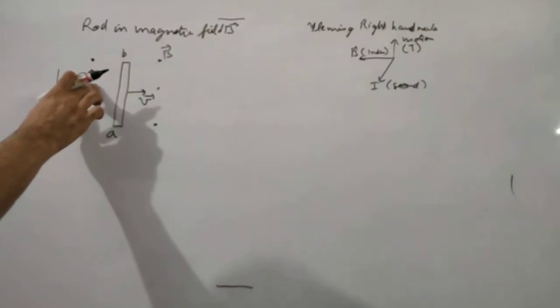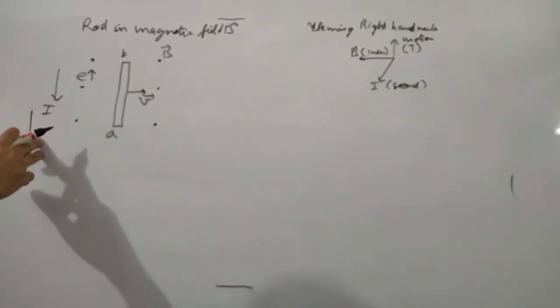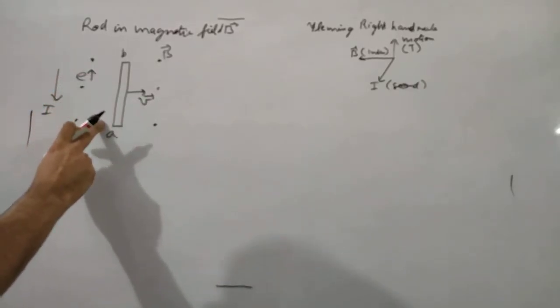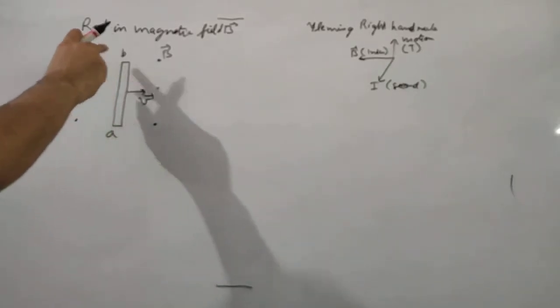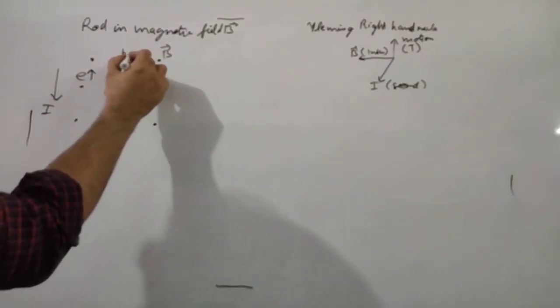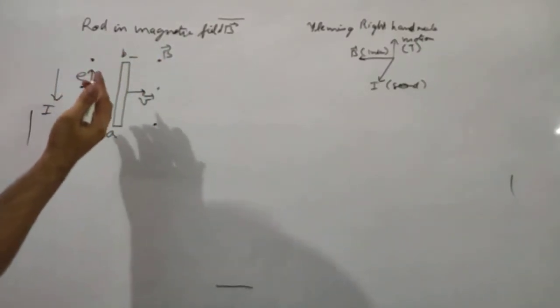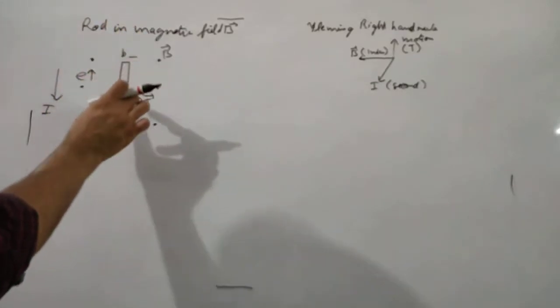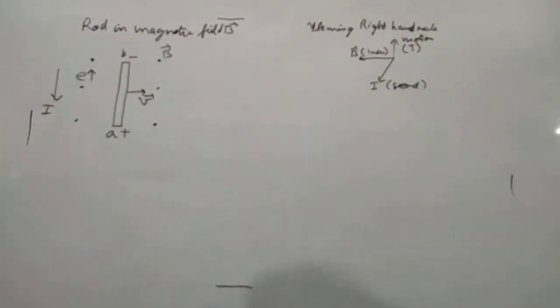So because of the force on electrons, they move and the current is produced. So we say that if induced current is in the downward direction, electrons must be going from A to B. Now if electrons are going from A to B, then B will become more and more negative with respect to A. A will start getting positive and B will start getting negative as the rod is moving in this magnetic field.